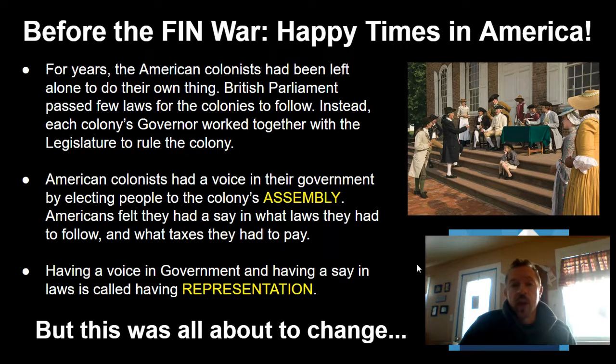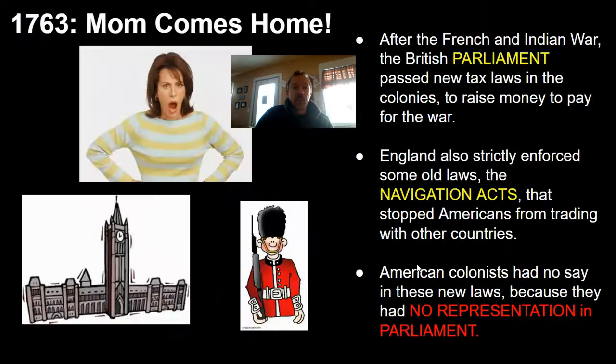But this was about to change because after the French and Indian War in 1763, it was like mom comes home. England is mom. And after 1763, the English say we're going to take charge again, and we are going to pass some new tax laws that you, the people of the colonies, are going to have to follow, so that we can raise some money to pay for these very expensive wars that we fought defending America from first the French and then from Chief Pontiac.